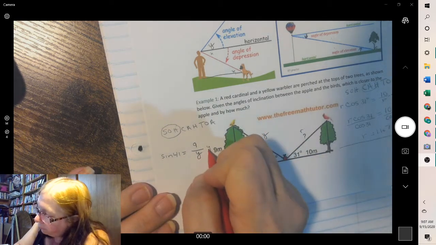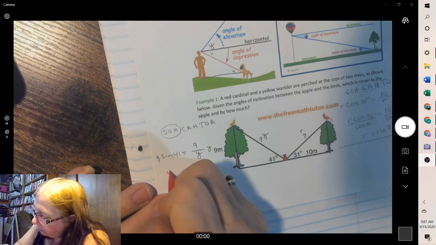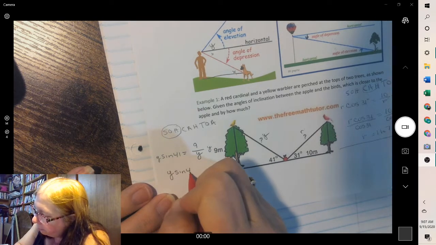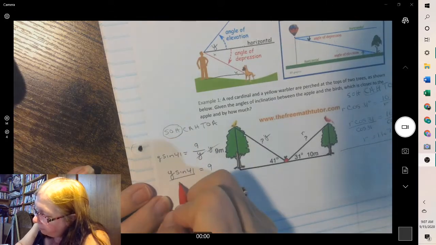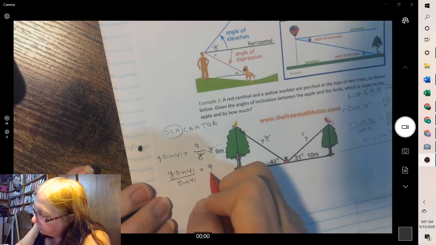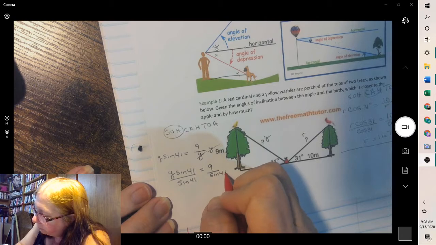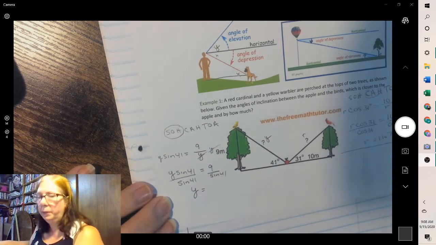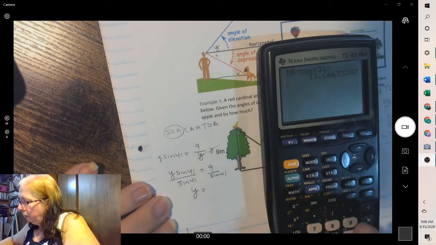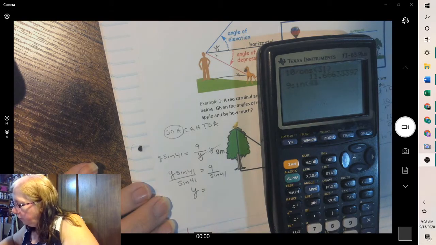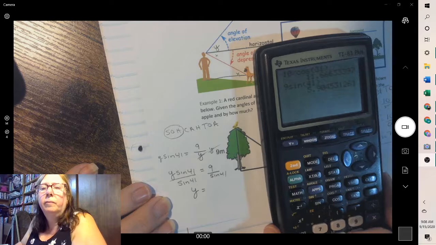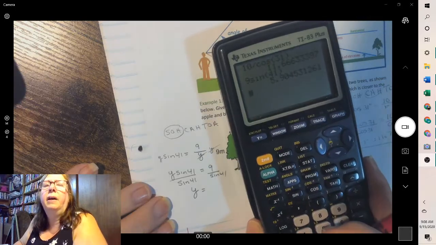Multiply the y to the other side, and divide by the sine of 41. And then plug it in your calculator. 9 sine 41. And we get 5.9.